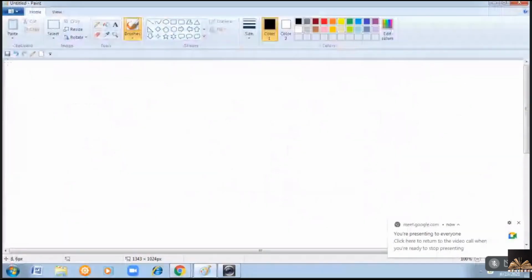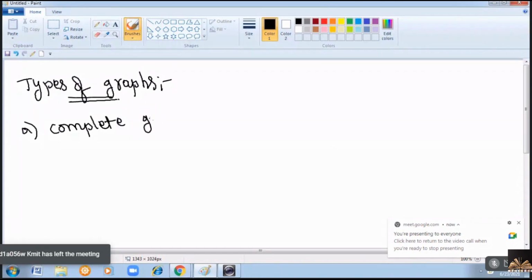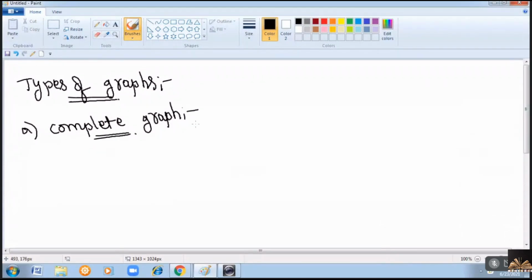Now the second topic is types of graphs. First type is complete graph. The complete graph with n vertices is represented by Kn.